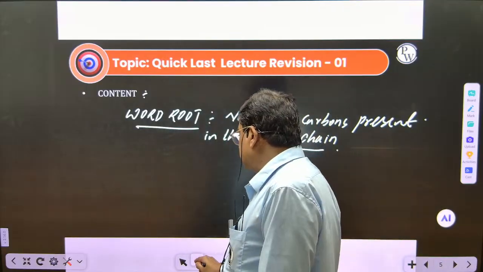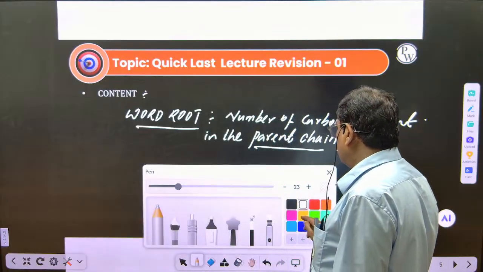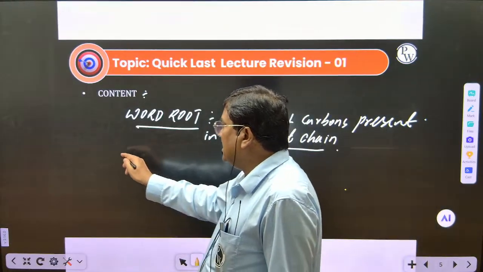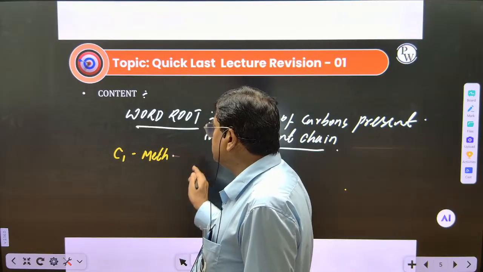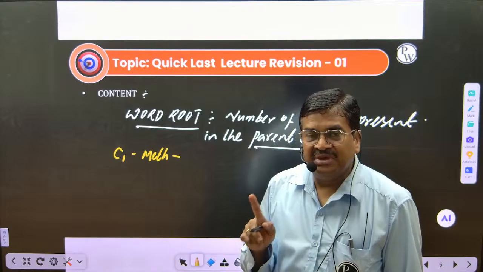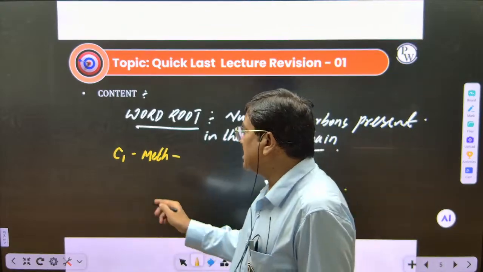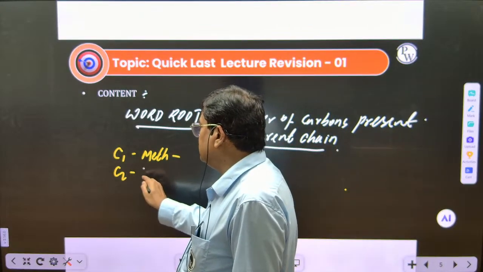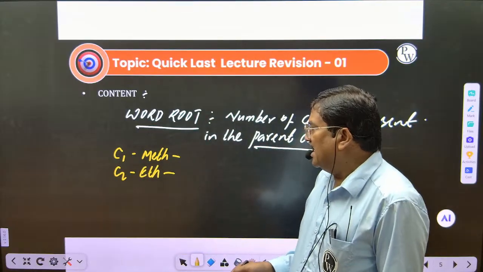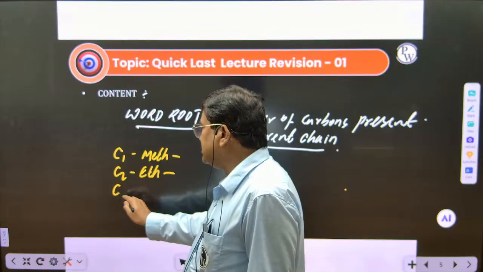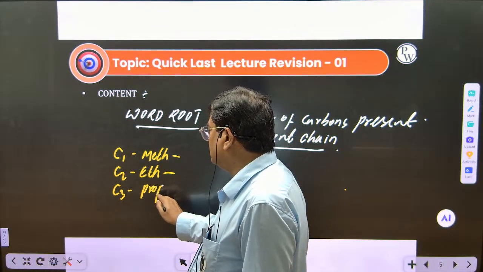Suppose there is only one carbon in the parent chain, then we use the word meth. If two carbons are there, you might remember from 10th standard, we call it eth. Three carbons, prop.